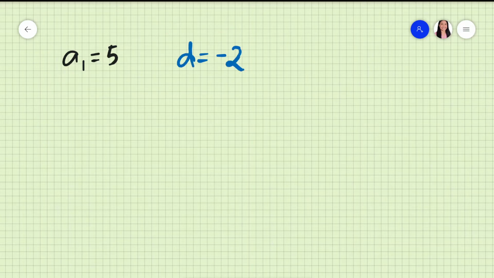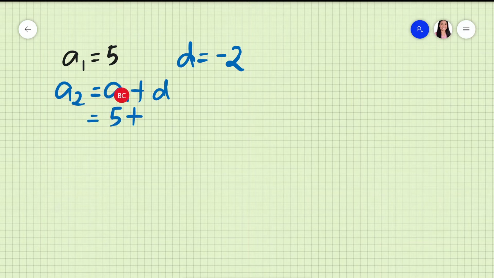To get the second term, we have the formula a sub 1 plus the common difference. Substitute the value of a sub 1, which is 5, plus the value of the common difference, which is -2. Perform the indicated operation. 5 plus -2, the answer is 3.